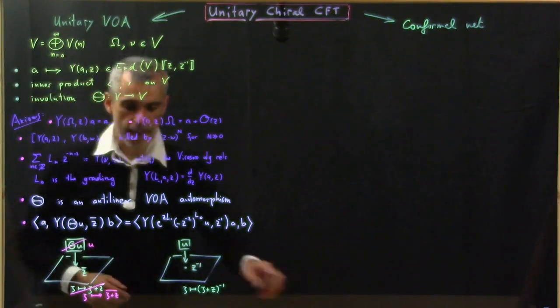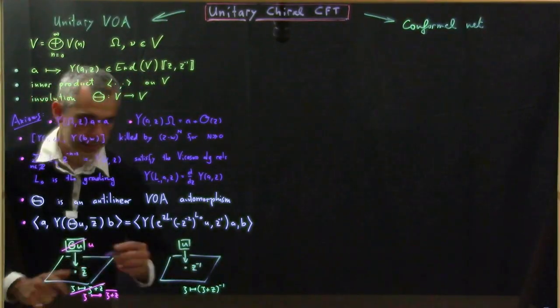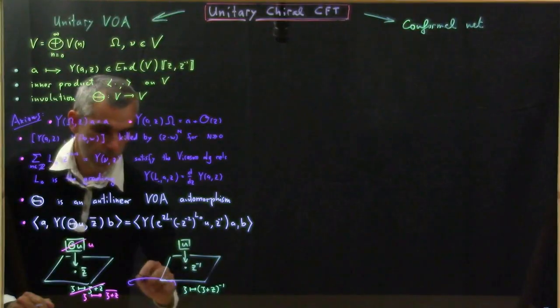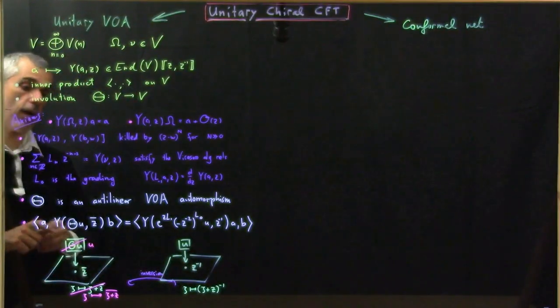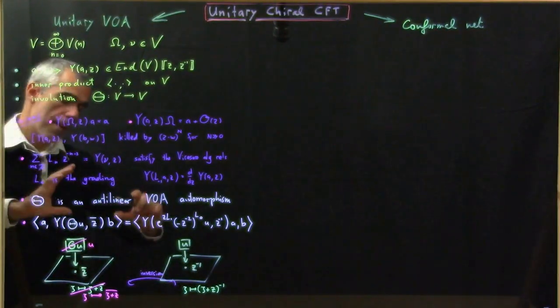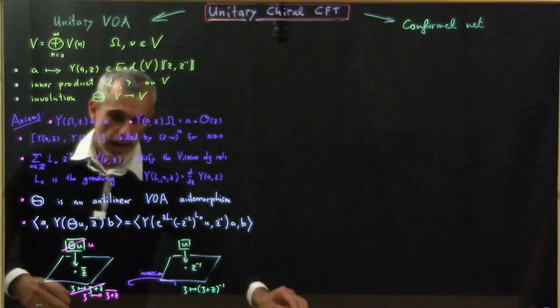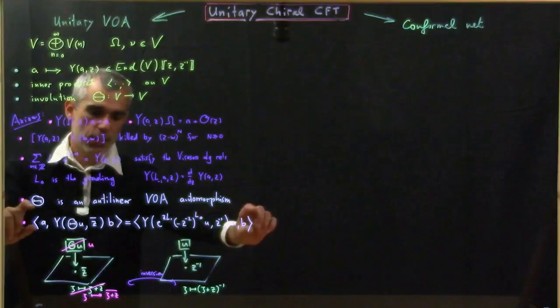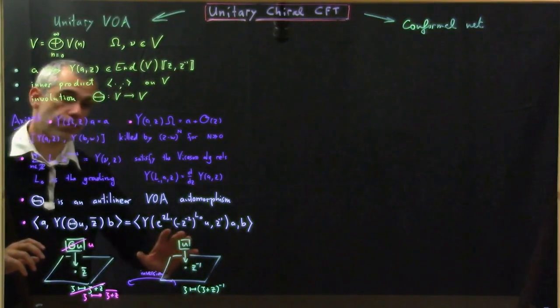And when you do it that way, you see that these two local coordinates are related by inversion along the unit circle. The map z goes to z bar inverse. And so, okay, this is what it means in algebra, but this is a picture that I have in mind when I think about that form.